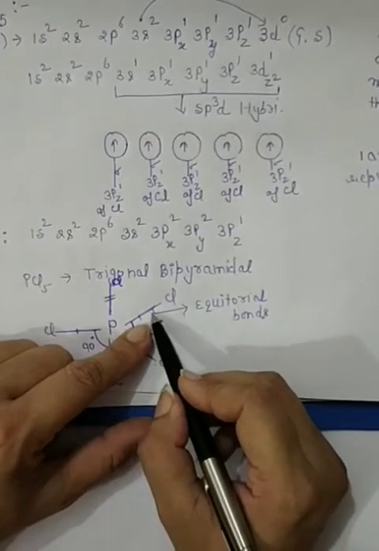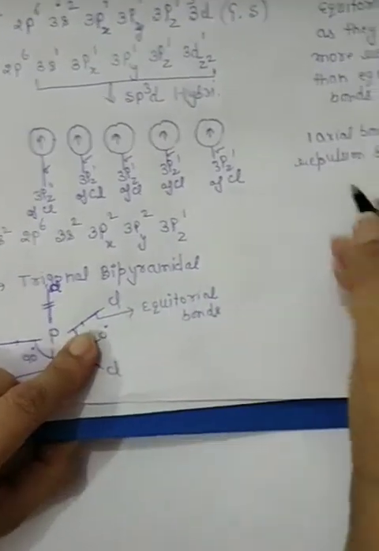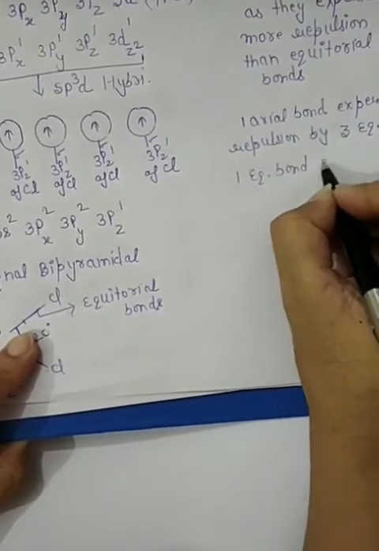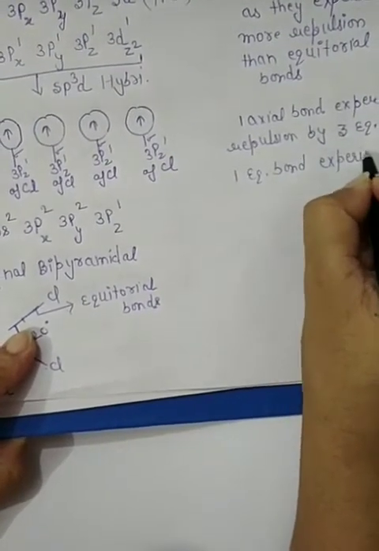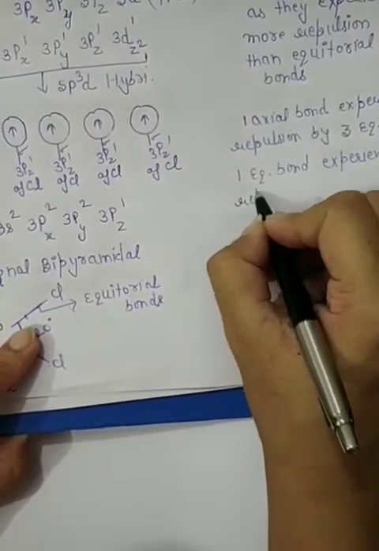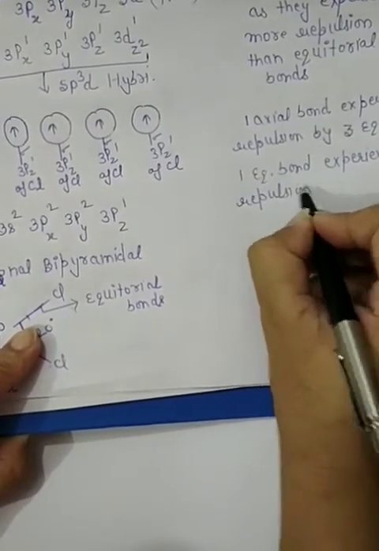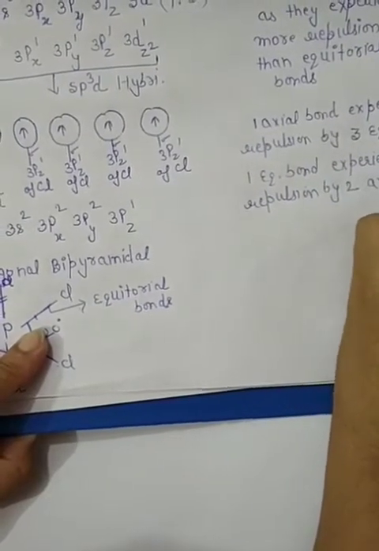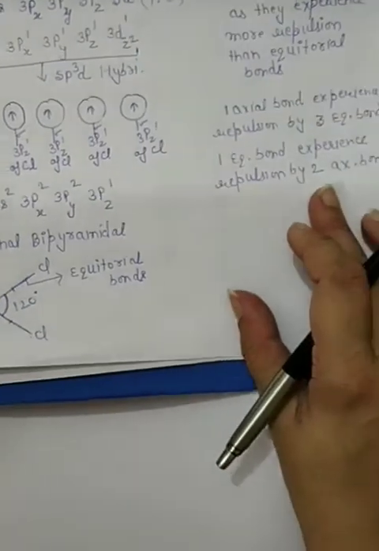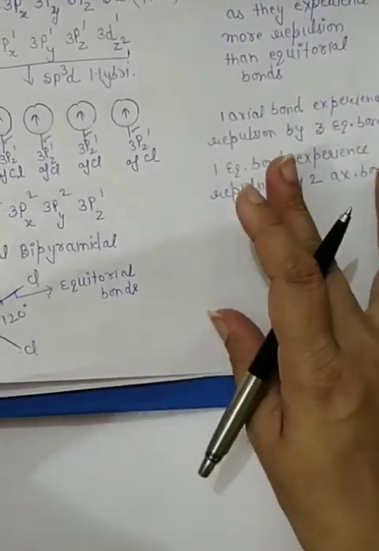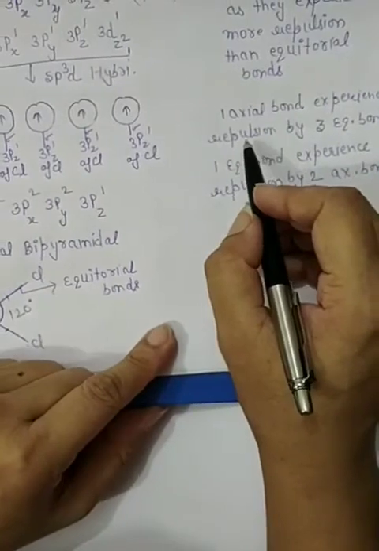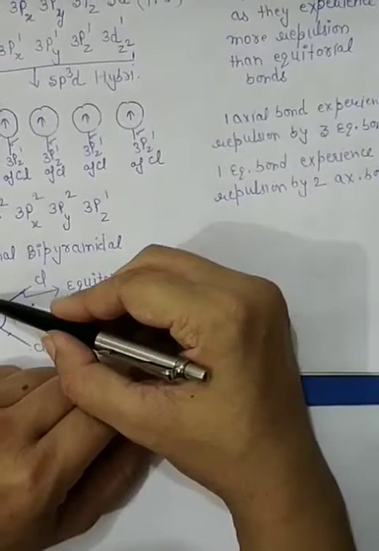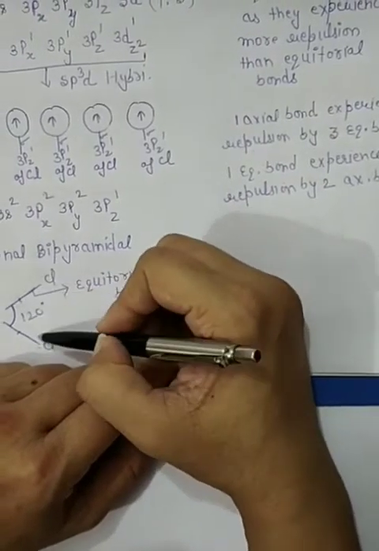But if we discuss their repulsion with axial bonds, then each equatorial bond experiences repulsion by two axial bonds. Fewer the bonds, less is the repulsion, more the bonds, more is the repulsion. Hence, due to this more repulsion experienced by axial bonds, their bond length is somewhat larger than equatorial bonds.